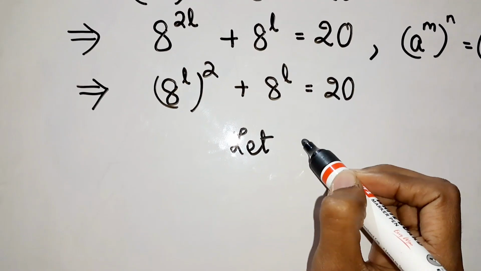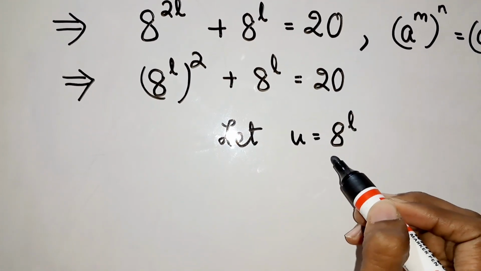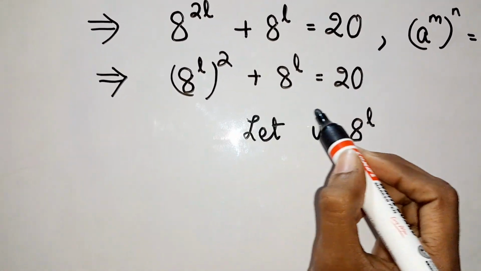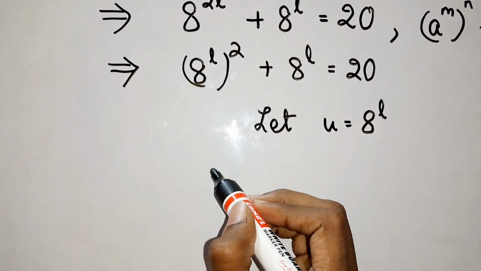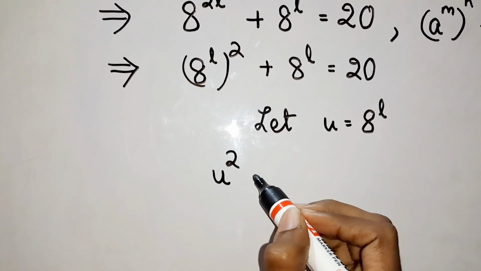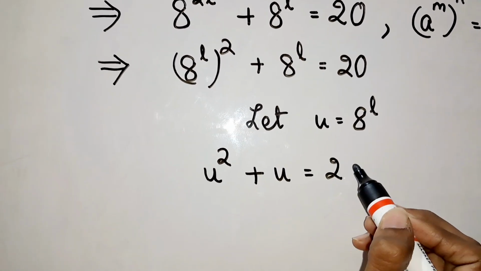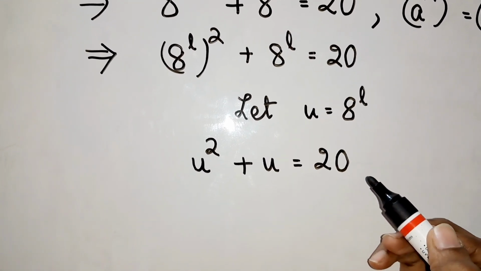Let u equal 8 to the power L. If we substitute u equals 8 to the power L, what will we get? This equation can be converted to u to the power 2 plus u equals 20, which is a very simplified version of our equation and very simple to solve.